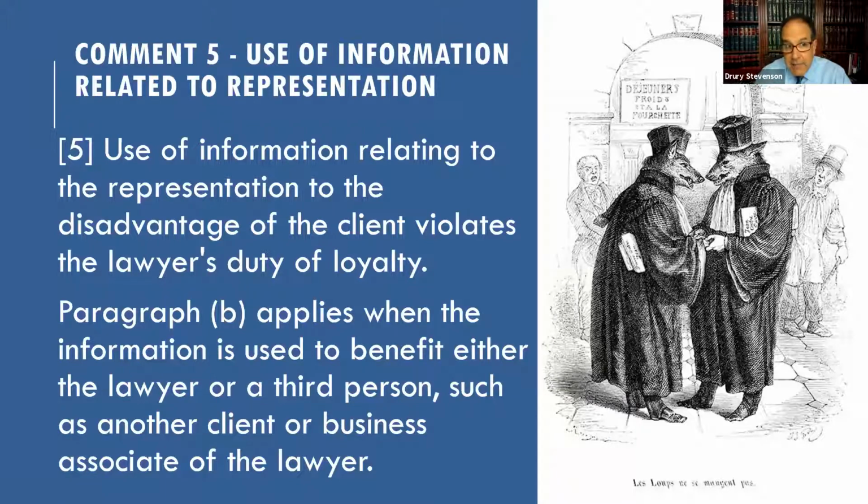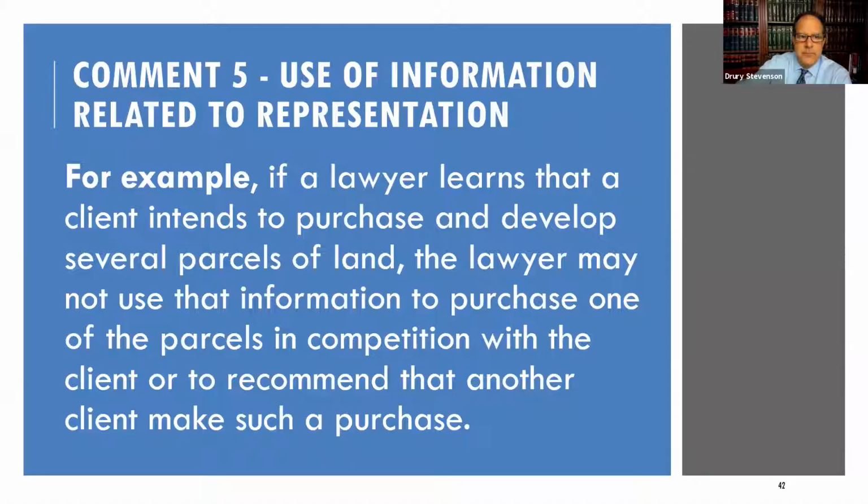This is from the comments. This is comment 5 to Model Rule 1.8, and comment 5 relates to 1.8(b). Use of information relating to the representation to the disadvantage of the client violates the lawyer's duty of loyalty. Paragraph (b) applies when the information is used to benefit either the lawyer or a third person, such as another client or a business associate of the lawyer.